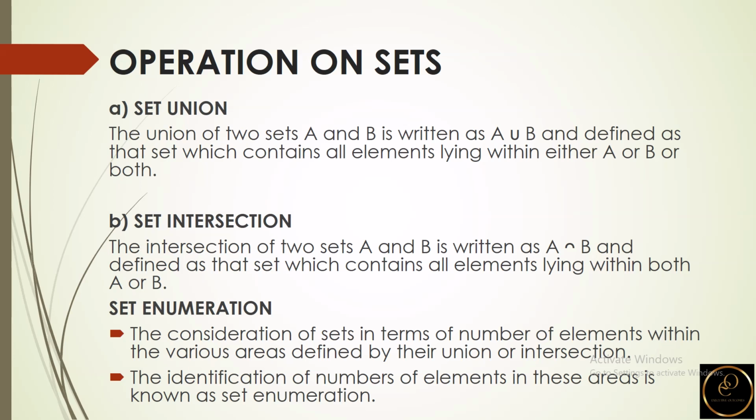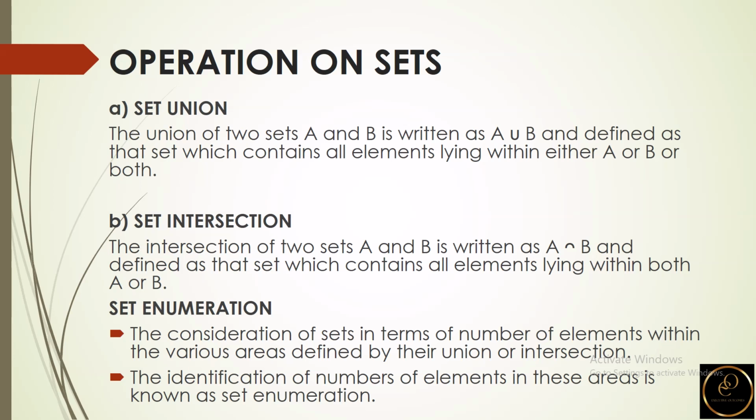We also need to look at operations on sets. It's important to understand what type of operations are available on sets. I have a number of them listed for you. First one, we're talking about set union.